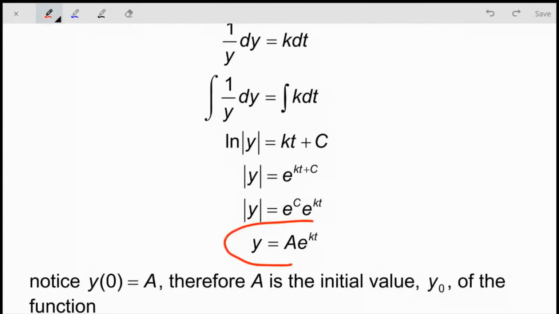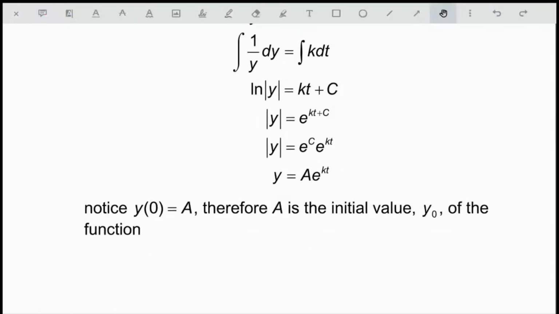If you look at those steps, they're a lot like the steps on the problem that we just looked at a second ago, where I talked about the whole thing with the plus or minus e to the c. Same idea here. But we get this general solution, y is equal to a e to the kt power. Typically, we also say at time 0, we have some initial value that we call y naught.